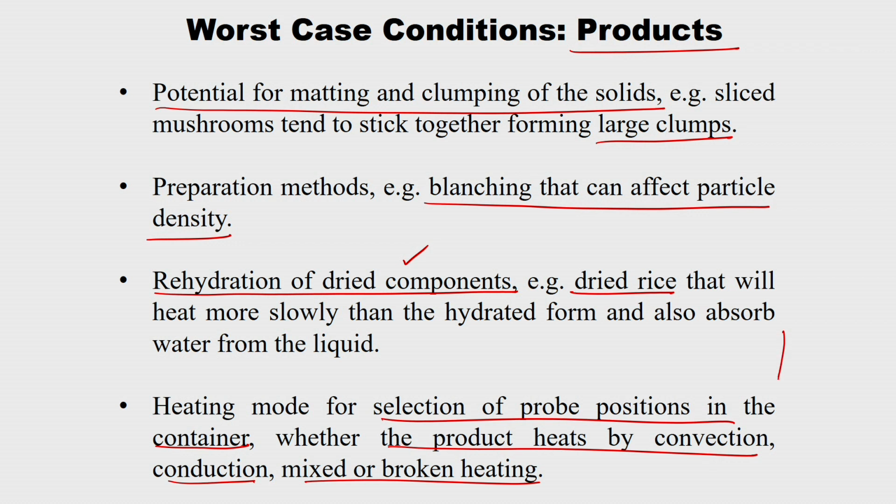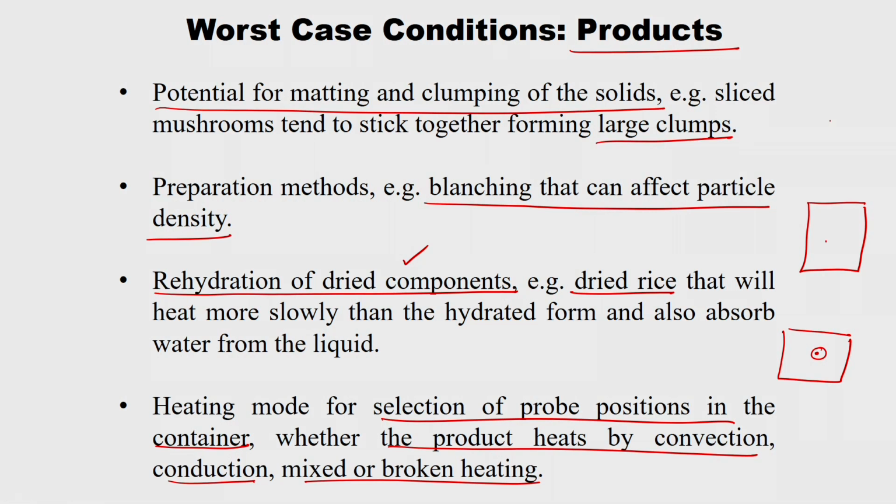For example, if it is a conduction food, then the geometric center of the can would be my slowest heating zone. But if I have convection, then I have told probably 1/10 of the height from the bottom. What happens in convection is, when you heat it, your hot fluid will go up due to less density, and the cold particle will come down.